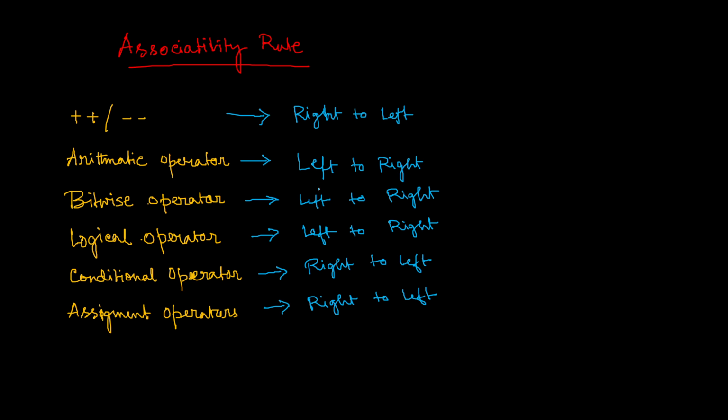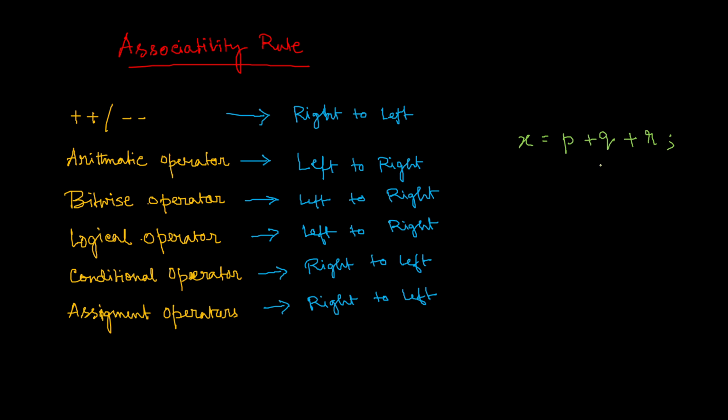Right to left, for example, means the rightmost operator will be executed first and the leftmost will be last. For example, the associativity of arithmetic operators is left to right. That means if I have a statement like x equal to p plus q plus r, and you don't write any bracket, since it is left to right, the leftmost will be executed first, then the rightmost.